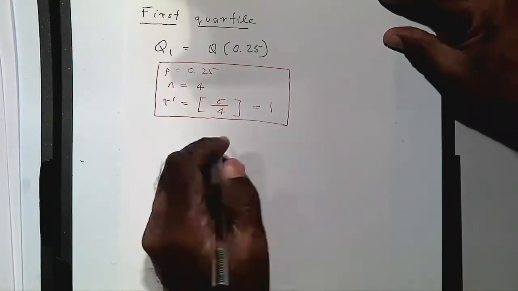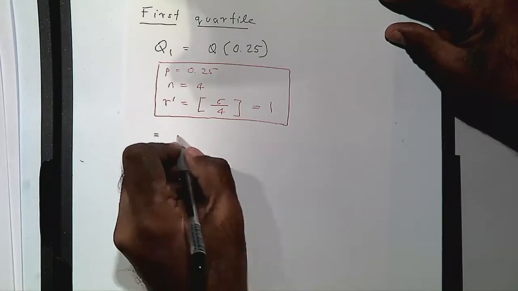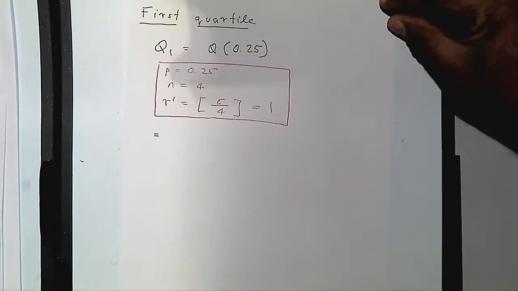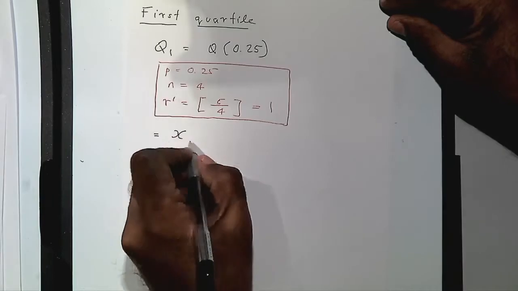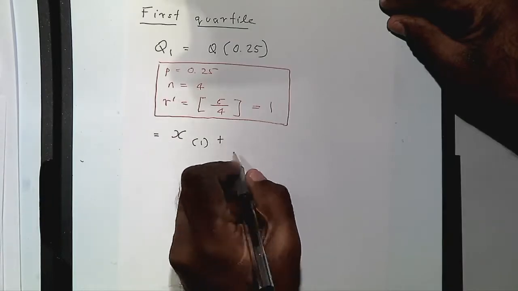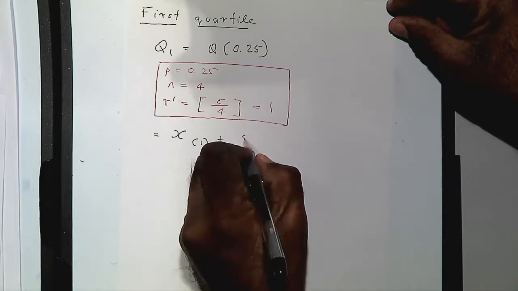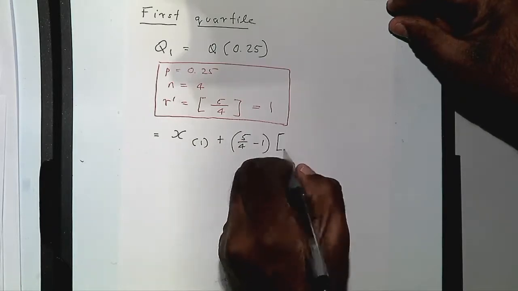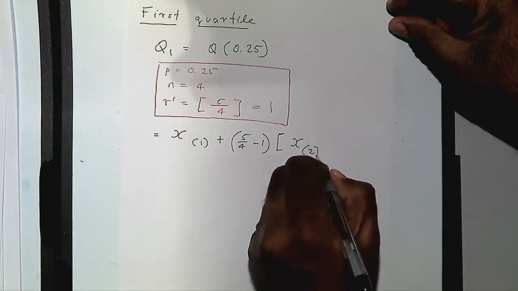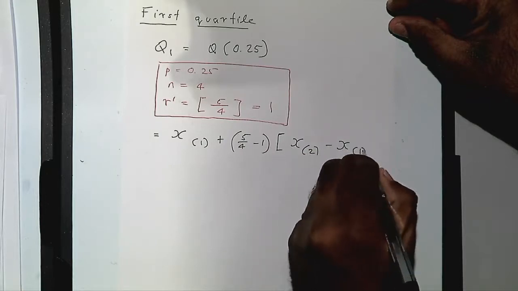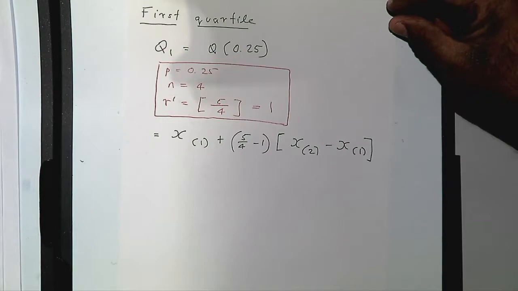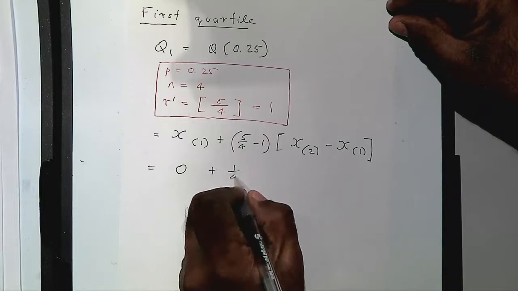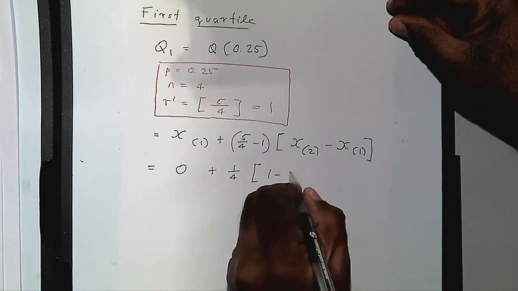Then, using the formula that I mentioned before, you get x at 1, which is 0, plus a quarter times (x at 2 minus x at 1), which is 1 minus 0.